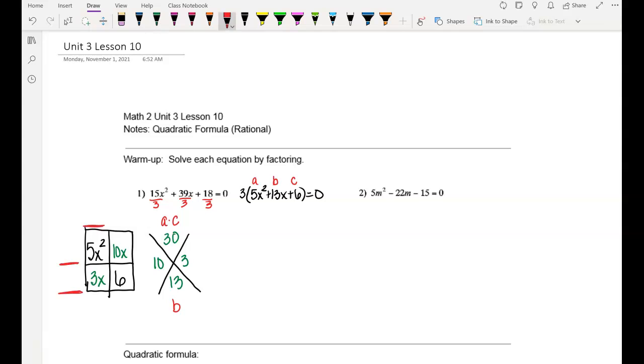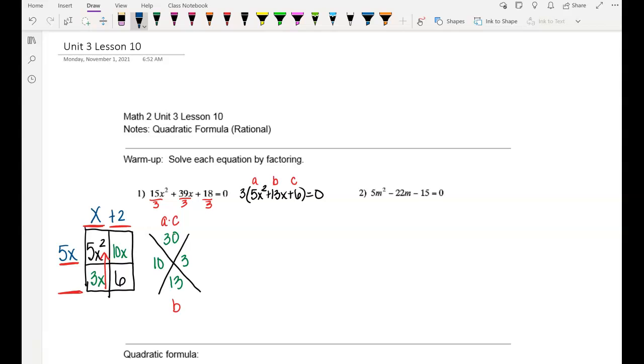And again, what I'm looking for is what started outside. So if I look up here, 5x squared and 3x only have an x in common, which means that this other top side here has to be 5x to end up with 5x squared. The upper right, to get 10x, I have to take 5x times positive 2.